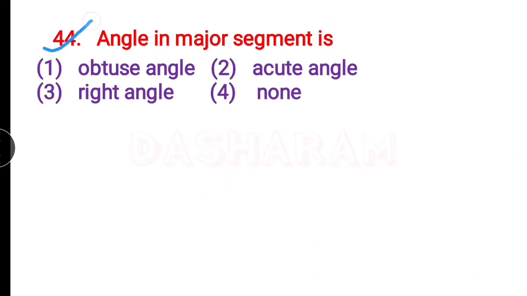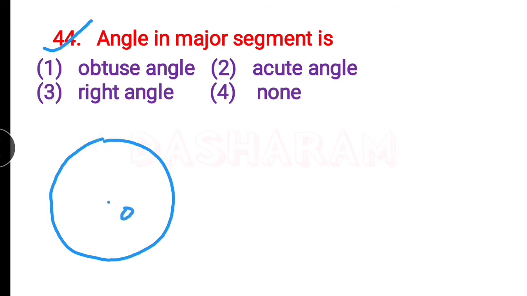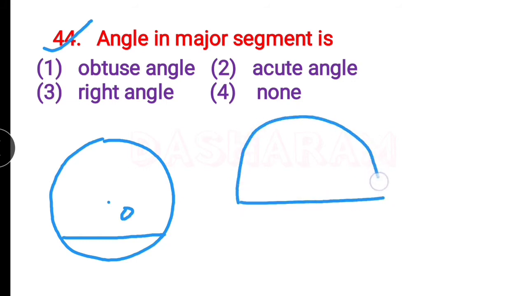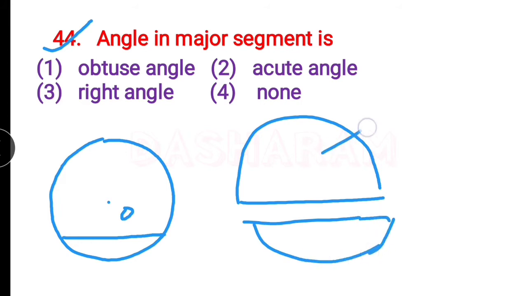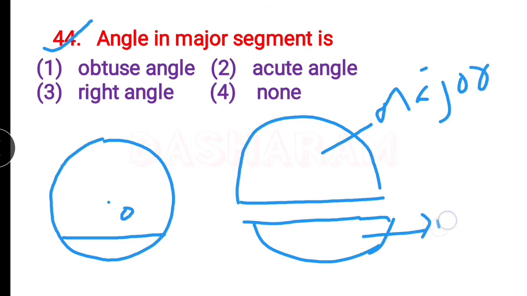Next, 44, angle in a major segment is. For example, it is a circle, here is a center O. A line segment dividing the circle into two parts is called segments. Here the upper one is called the major segment and the lower one is called the minor segment.